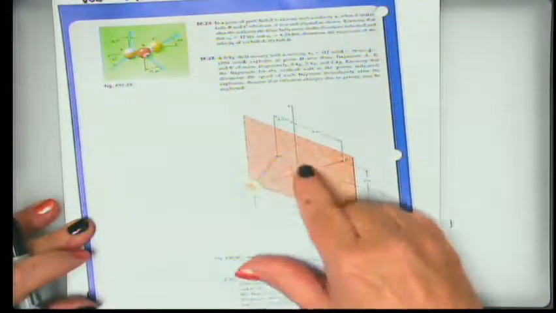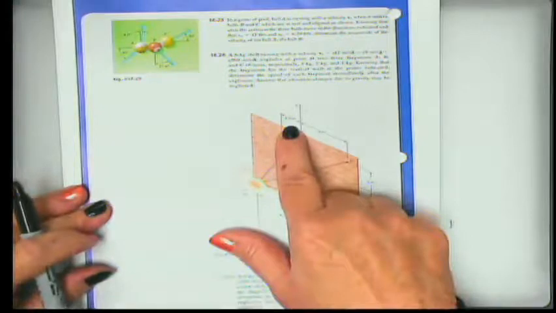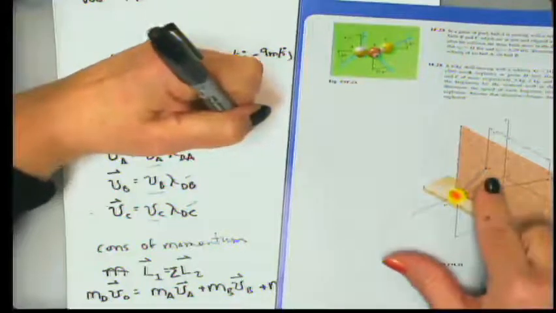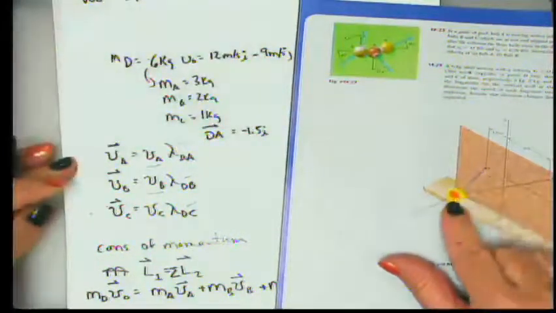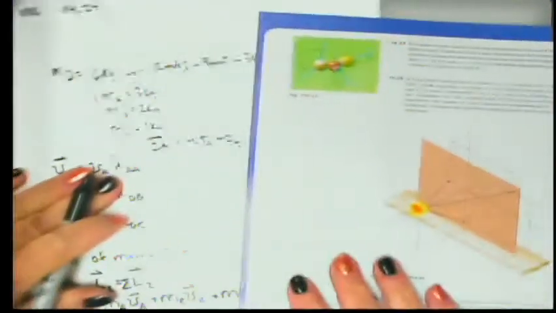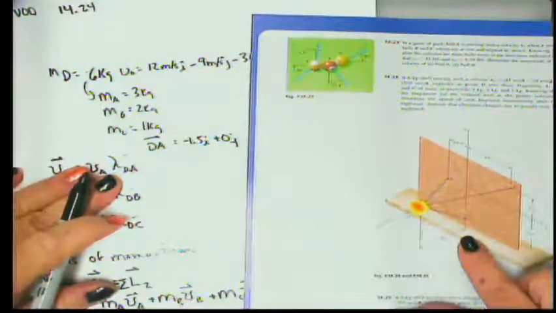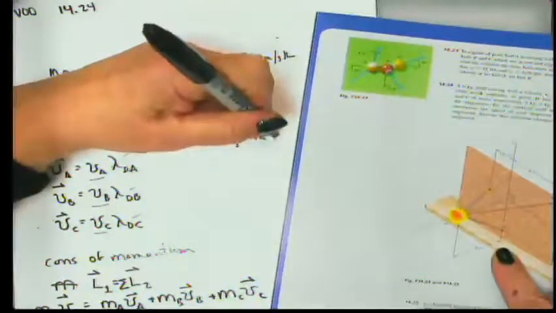From D to A in the x direction, we move to the left 1.5 meters, so that is minus 1.5 meters i. In the j direction, we remain flat, so it's 0 j. And in the z direction, we go back into the page 4 meters, so that's minus 4k, and that's in meters.